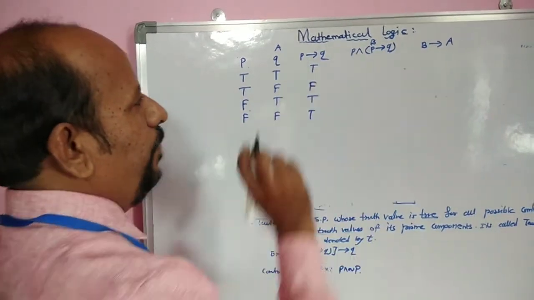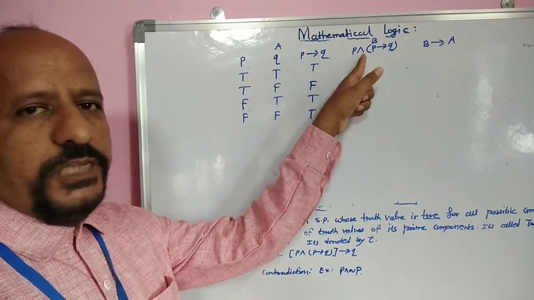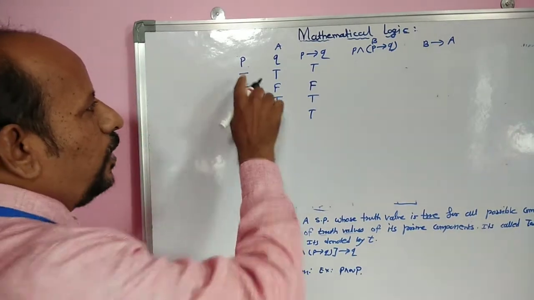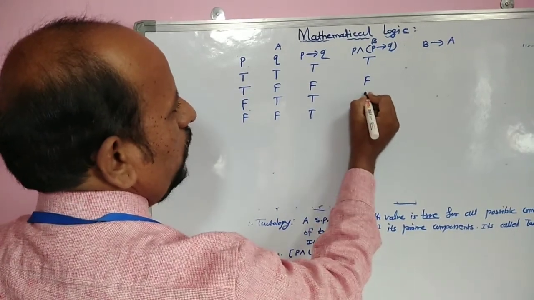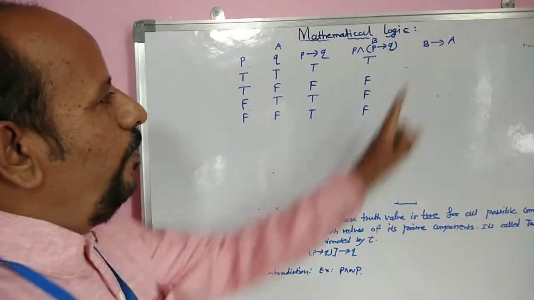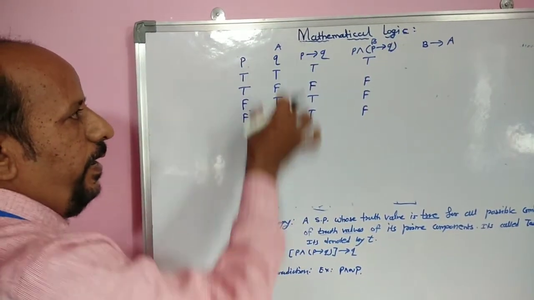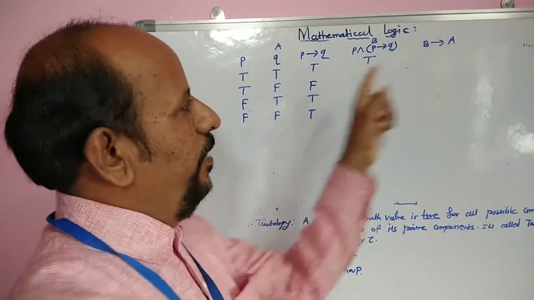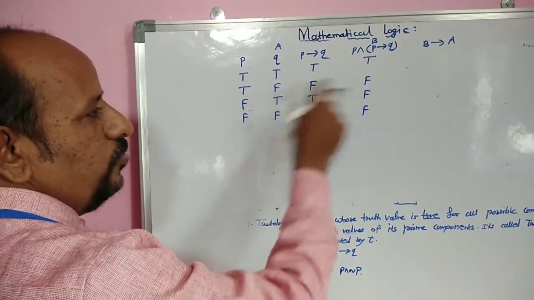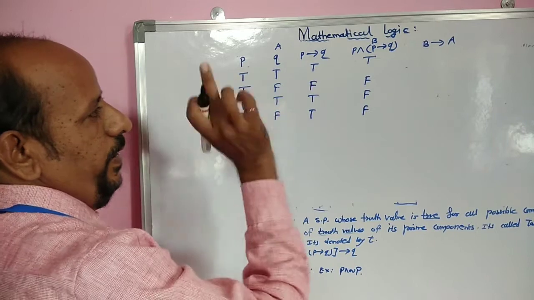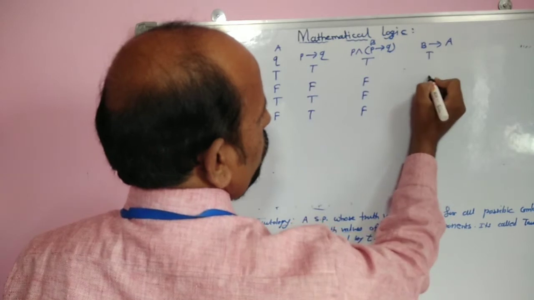Now P and (P implies Q). In this there is a conjunction, and we know that in a conjunction, if both are true, then the final statement is true. Otherwise, all are false. Therefore we write the values. Now B implies A. We give the names A and B to the two columns. B implies A means B is first and A is second.